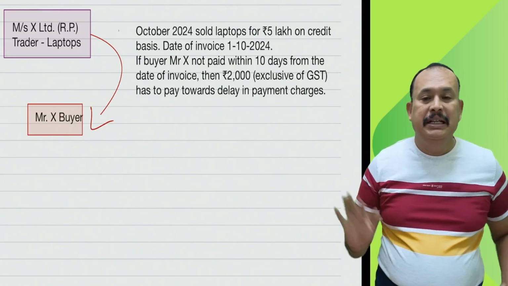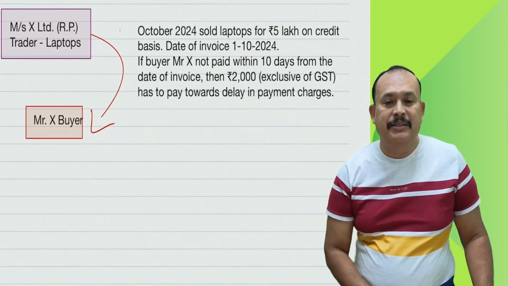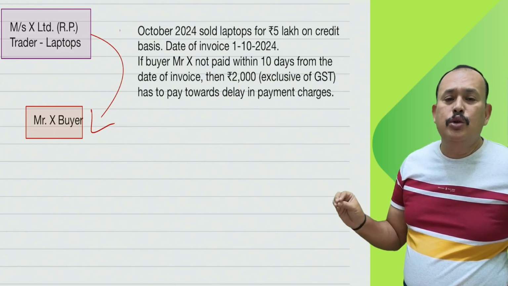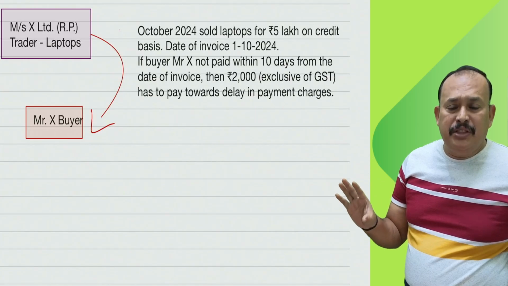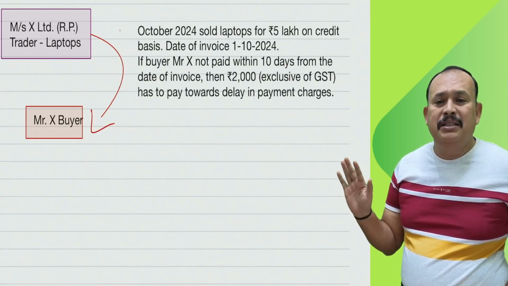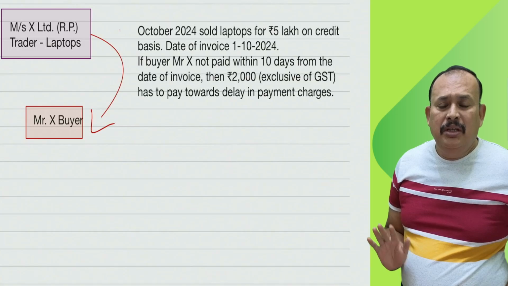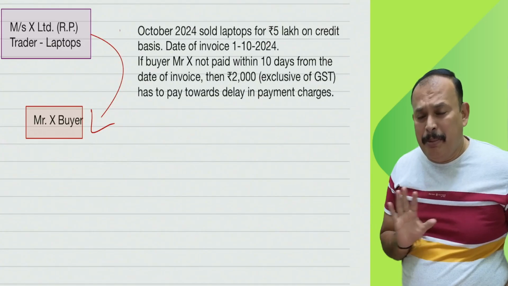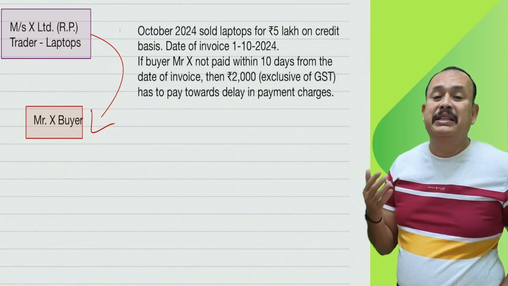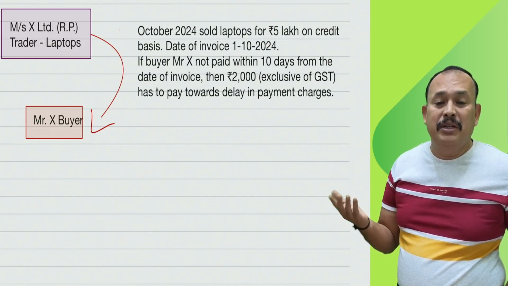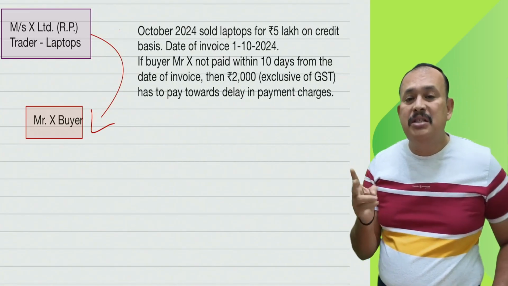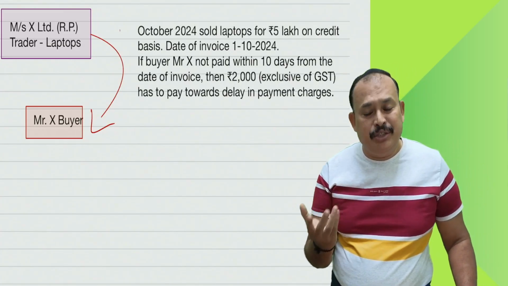That's it. Simple, my dear sir. X Limited, a registered person and seller, sold the goods to buyer X on 1st October 2024 for 5 lakhs, laptops sold. If the buyer pays within 10 days, no delay payment charges. If the buyer does not pay within 10 days from the date of invoice, then the buyer has to pay rupees 2000 towards delay in payment charges.